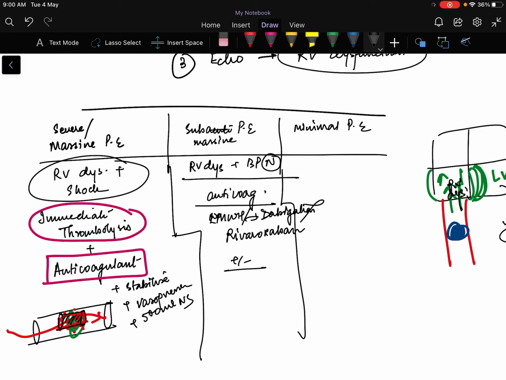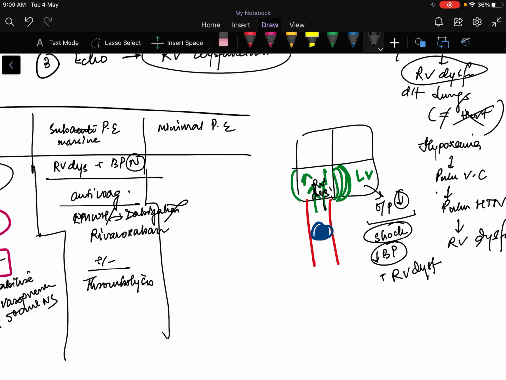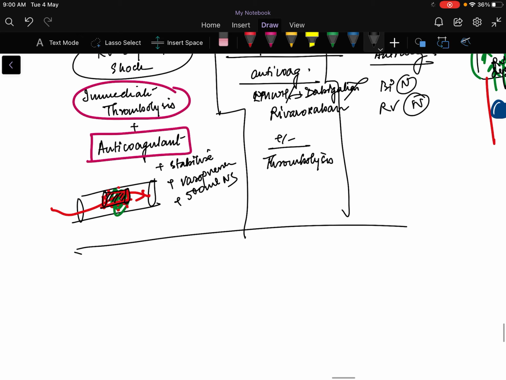If there is minimal pulmonary embolism, then you just give anticoagulants. That means that the BP is normal, right ventricular function is normal. So this is how you manage a case of pulmonary embolism. Right.